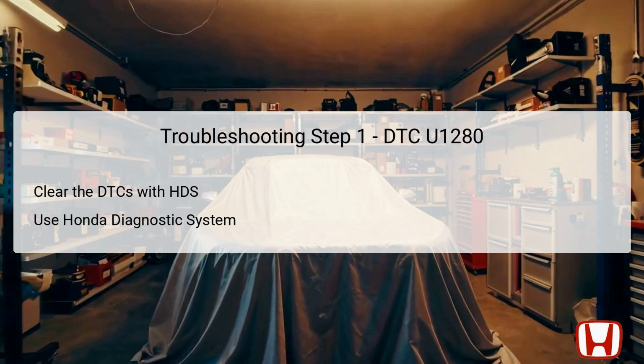The purpose of clearing codes is to reset the system, enabling a fresh baseline to check for reoccurring errors. After clearing the codes, it is essential to proceed with the next step. Performing this reset helps in determining if the issue is a persistent fault or an intermittent one. By utilizing HDS, technicians can ensure that they are addressing accurate and real-time information from the vehicle's electronic systems.